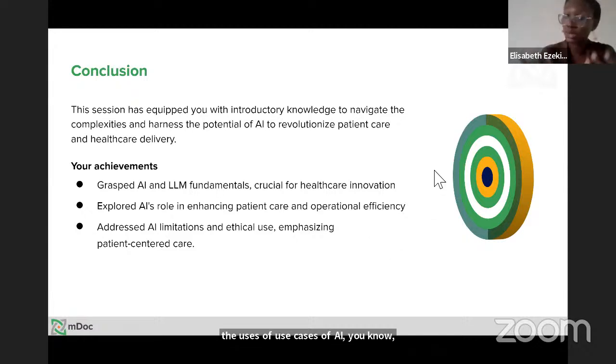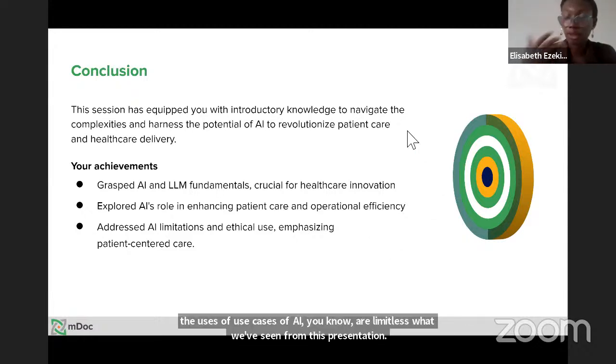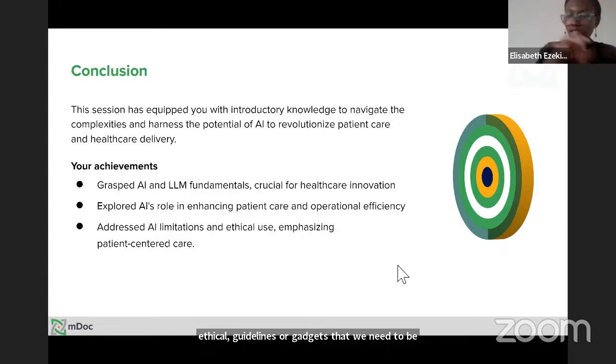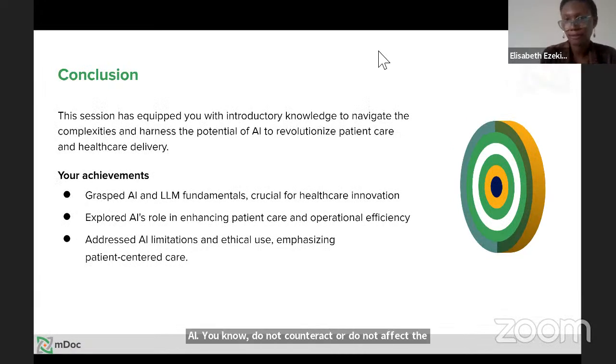We've also addressed the limitations and some of the ethical guidelines or guardrails that we need to be informed about, so that we are ensuring that the ethical or legal implications of using AI do not affect the safety of patients and the effectiveness of AI in healthcare delivery.